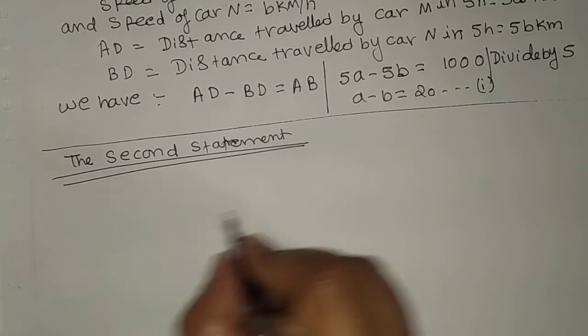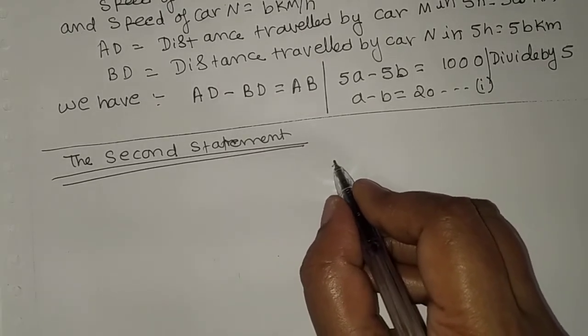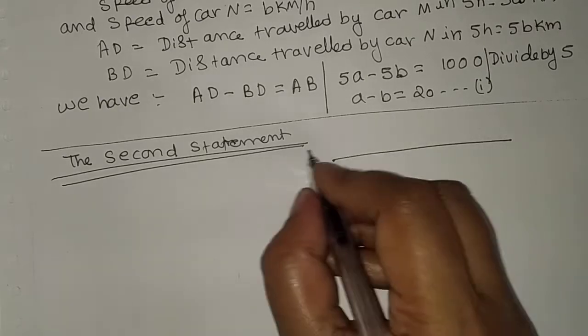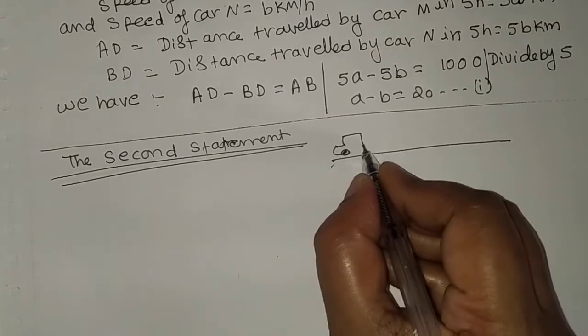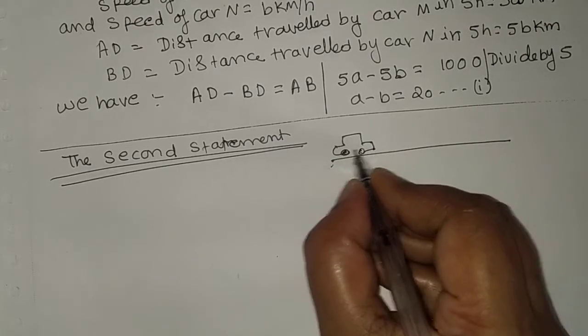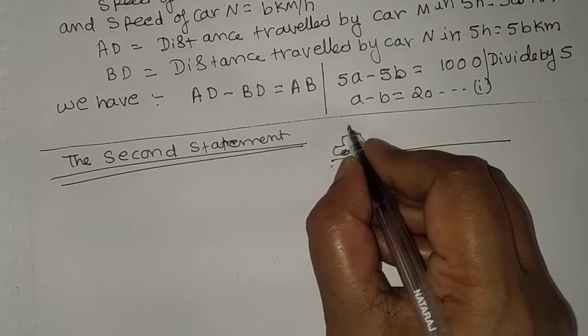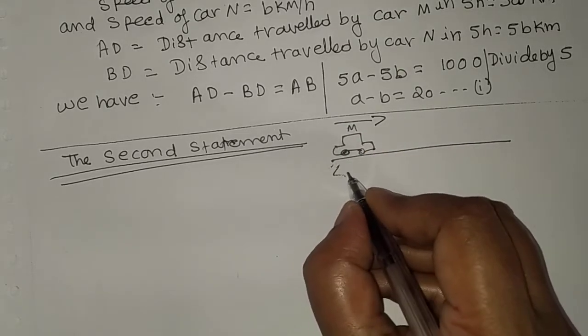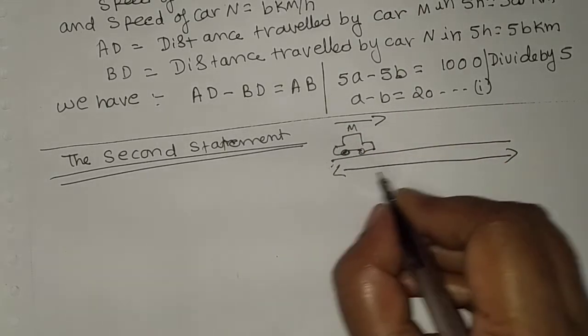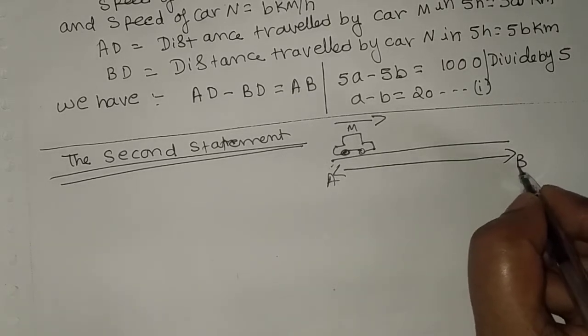I'll write the diagram here. So this is the distance, this is car M traveling in this direction. The distance is A to B. This is A, this is B.